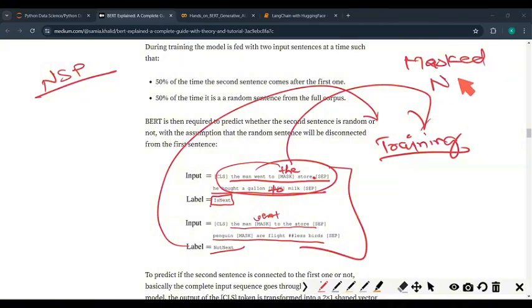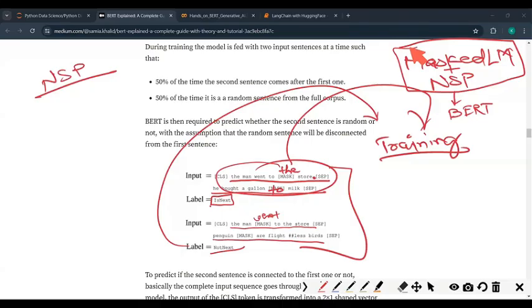So by combining these two things, the concept of masked LM and the concept of NSP, next sentence prediction, these are the two tools which are present inside BERT. Because of these two tools, BERT can learn things better. BERT can learn the language better, sentence structure better, meaning better, context better, because you're training it to do two things.